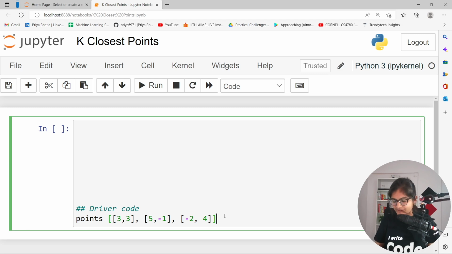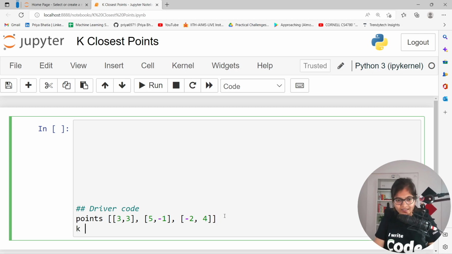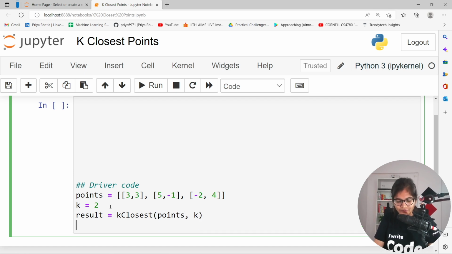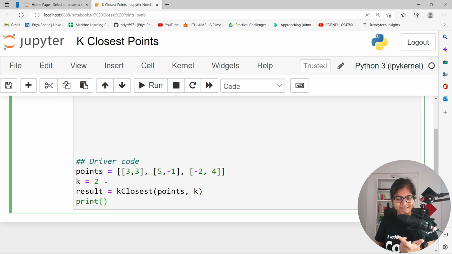Let's get started now. Here k is equal to 2, and points are the points that we have. Whatever result we get, I am storing in the variable top. So the k closest points we want to display, or you can simply write k closest as well. Here you can mention the arguments as points and the k entered by the user.